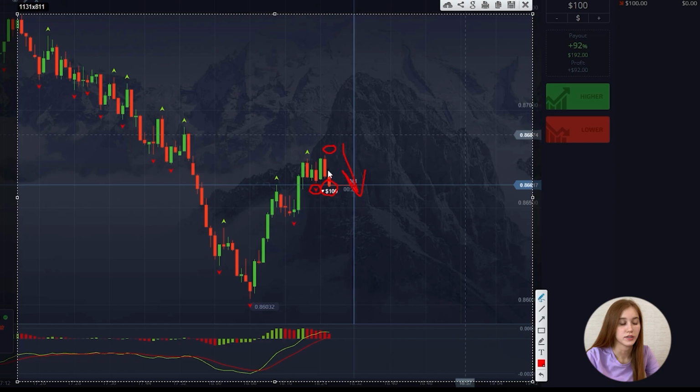That is, pay attention to it. When opening a deal, if there was a fractal up, you open for a fall. If the fractal is down, for an increase, just like this. Let's see our trade.